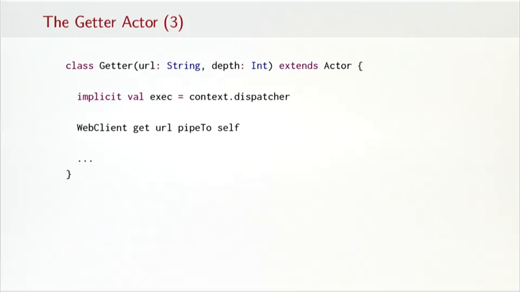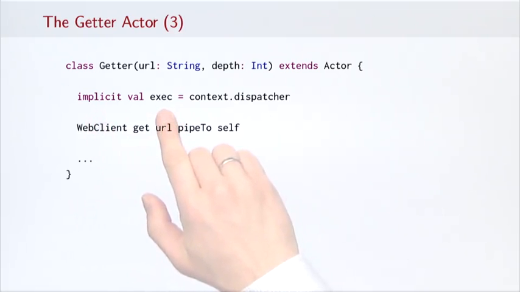Within this, we have two steps that are executed asynchronously. The get needs an executor, and the pipeTo needs an execution context to run a Java listenable future and a Scala concurrent future, respectively. These execution mechanisms are picked up implicitly from the surroundings, which we provide here by saying implicit val exec, which is an executor and an execution context.